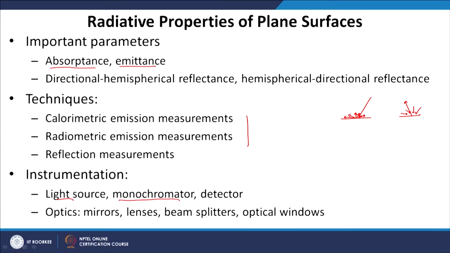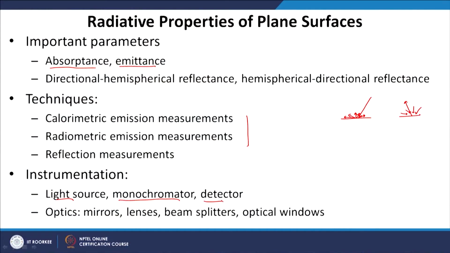that particular wavelength, or we may have a monochromator which basically converts light, a black surface radiation coming from a black surface, then by using filters or monochromator we can convert it into a single wavelength or single wavelength color light. We need detectors that will basically absorb the radiation and give us an idea about the intensity.